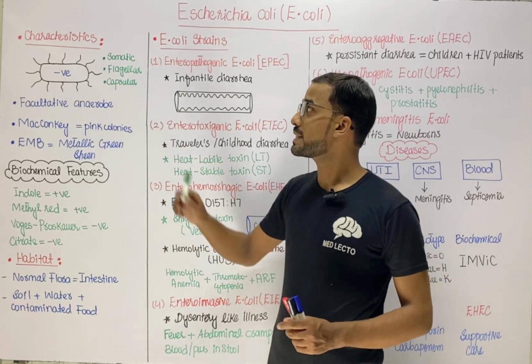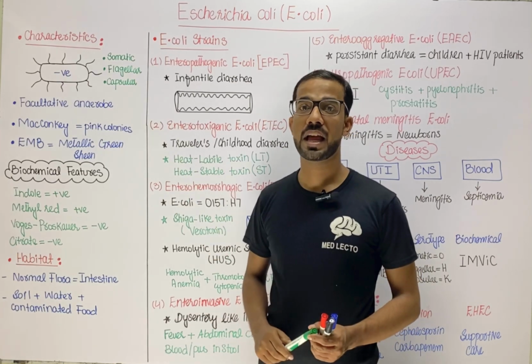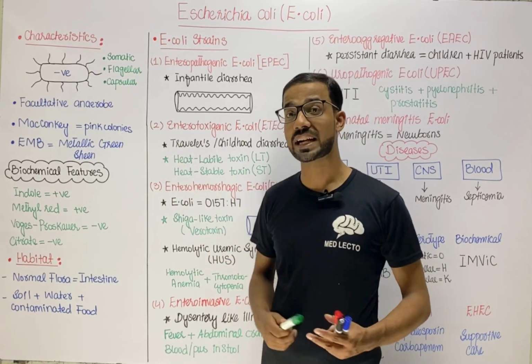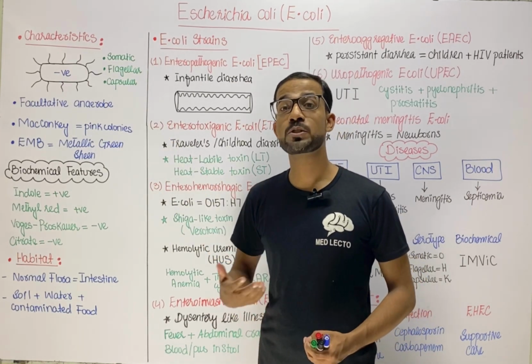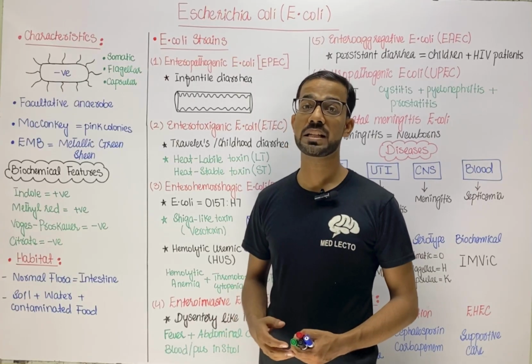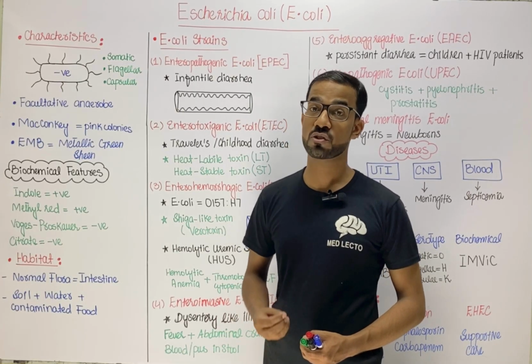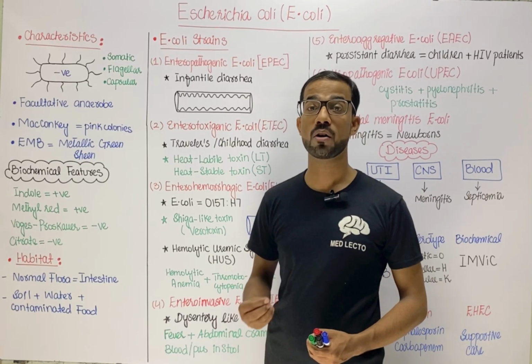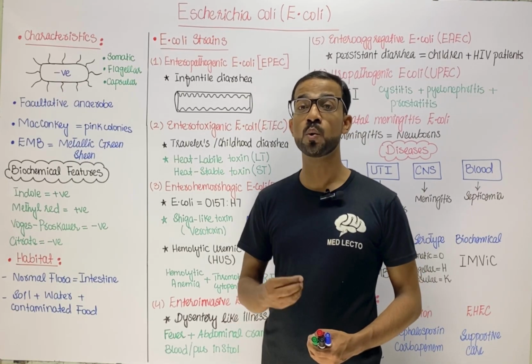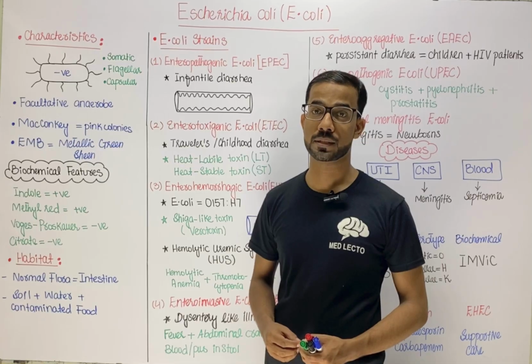It means that the cell wall can act as an antigen, flagella can act as an antigen, and the capsule can also act as an antigen. These are the most important antigens which you have to remember about E. coli, because these antigens are used for diagnosis purposes.